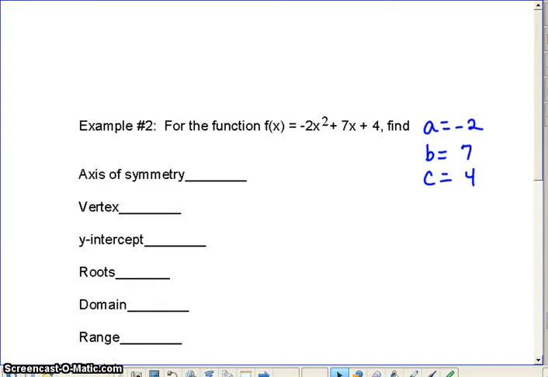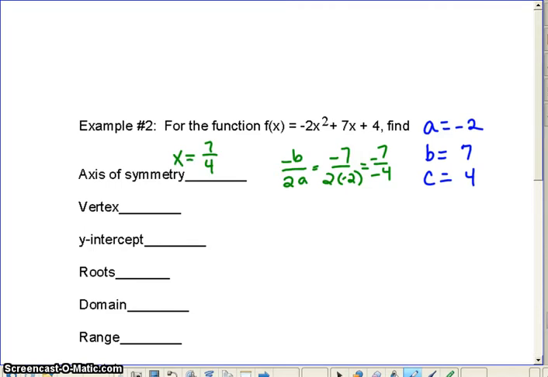Okay, the axis of symmetry, negative b divided by 2 times a. Negative 7 divided by 2 times negative 2, that gives me negative 7 over negative 4, which equals positive 7 over positive 4.